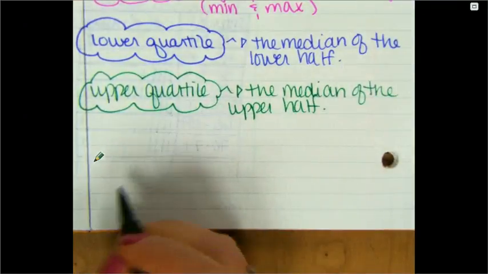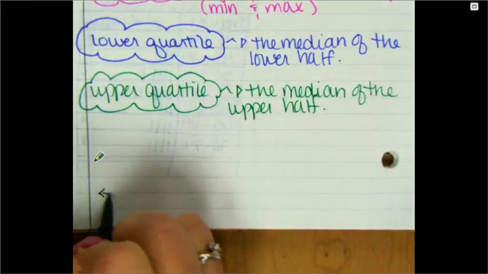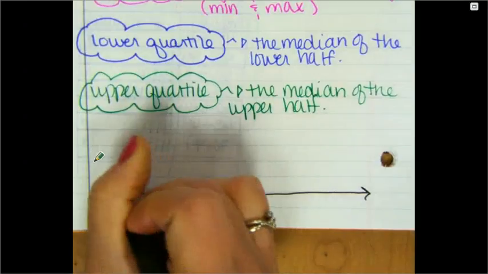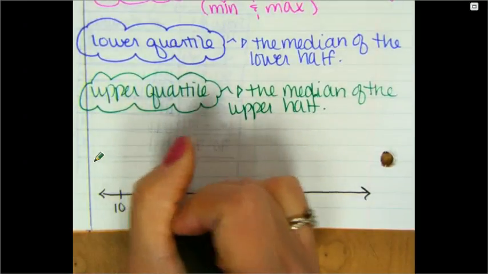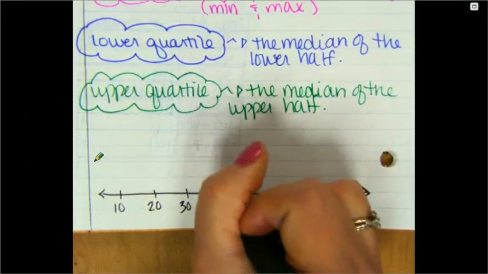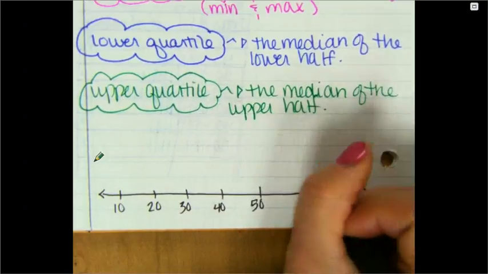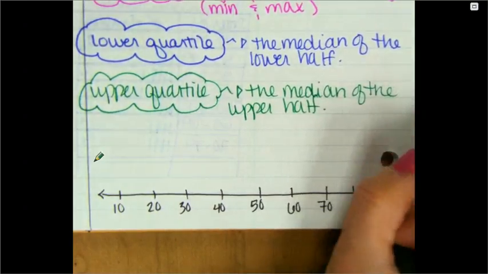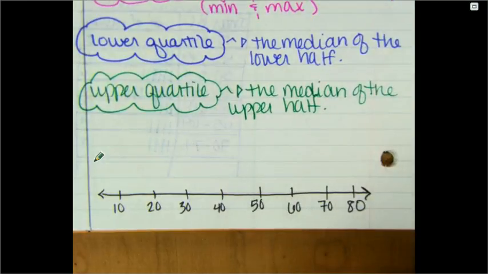Now I'm going to draw a little example down here at the bottom, so all of these things will make sense. So here's our number line, and the number line is counting by 10.